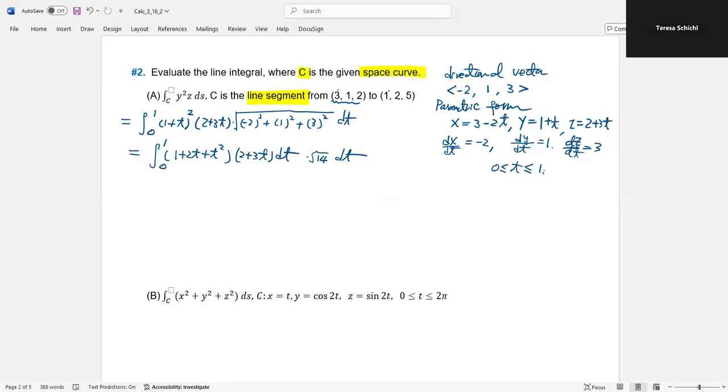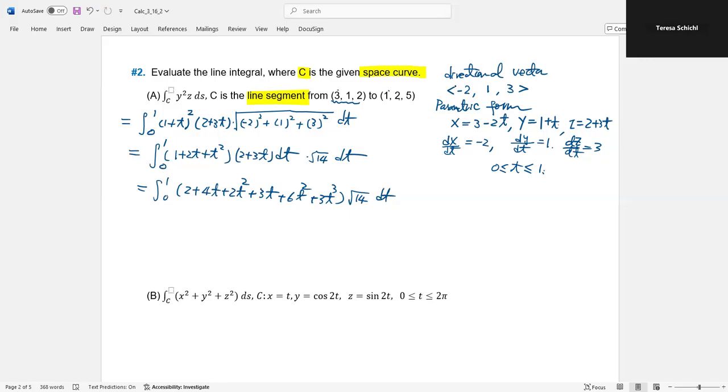Now you can continue to FOIL: 2 plus 4t plus 2t squared plus 3t plus 6t squared plus 3t cubed, then put the square root of 14 and dt here.